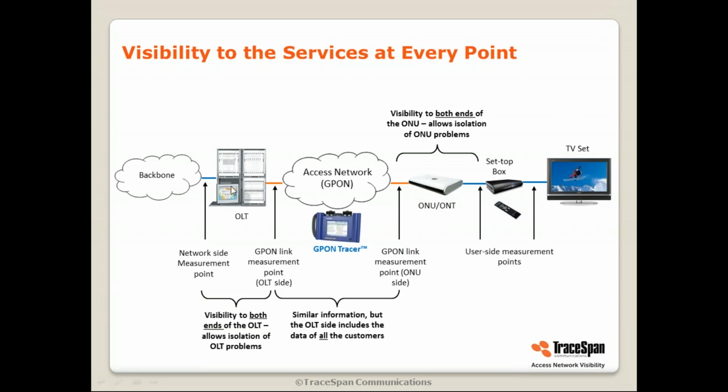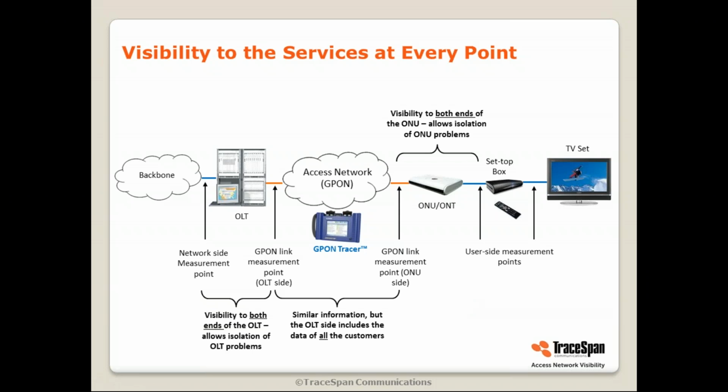Other than that, since this is fiber media and it's transparent, I'd say in 99% of the cases, what you see here for a specific customer and what you see here at the ONU side for the same customer will be exactly the same. So what we got here, as I said, is measurement points in every point on the network.